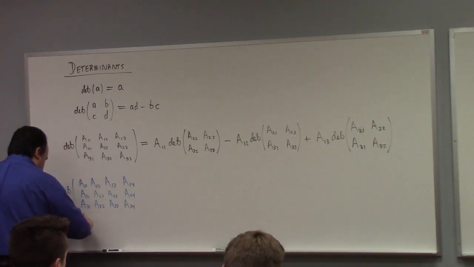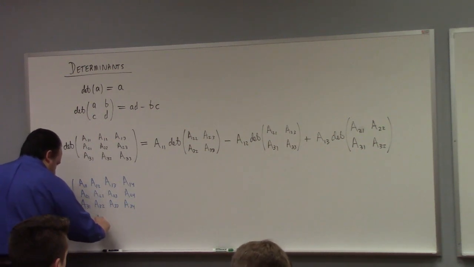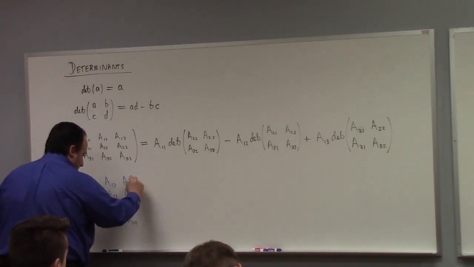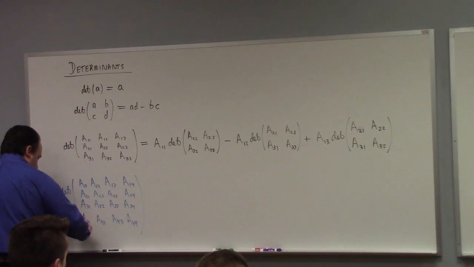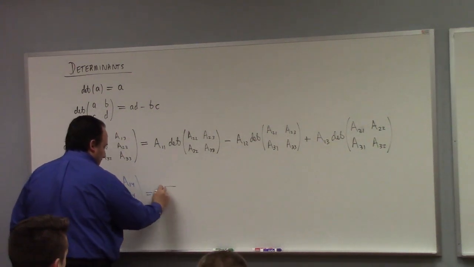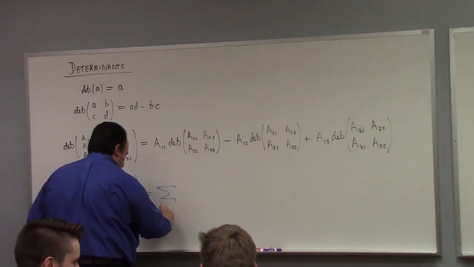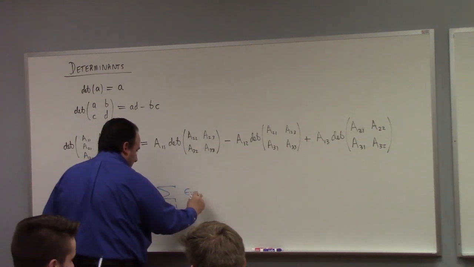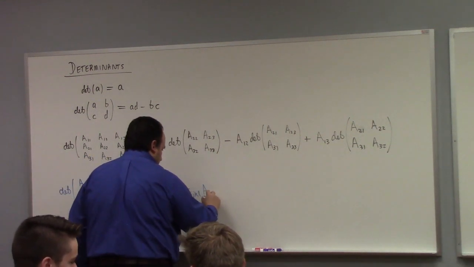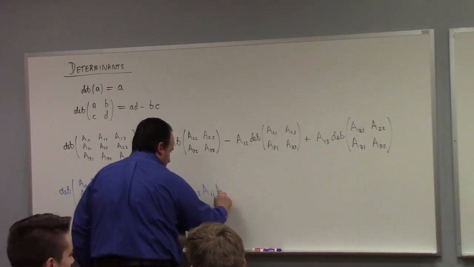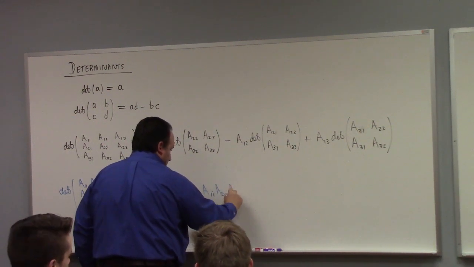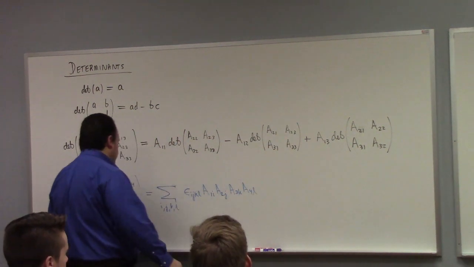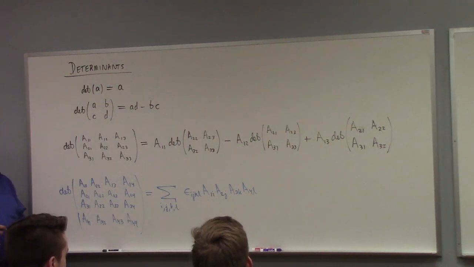Why'd you guys do this to me? A41. I wasn't going to do this. A42. I'm going to regret this. A43, A44. Equal to, just kidding, sum over i, j, k, l of epsilon ijkl A1i A2j A3k A4l. I'm tired of writing those formulas.